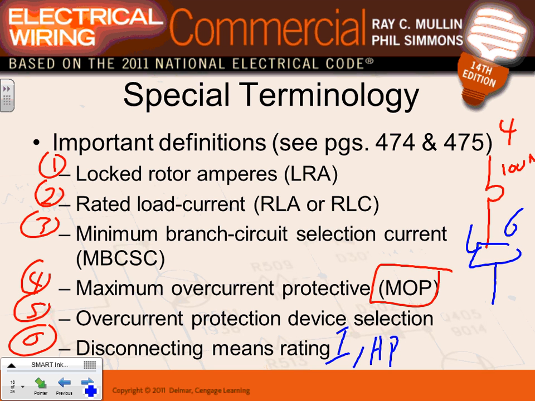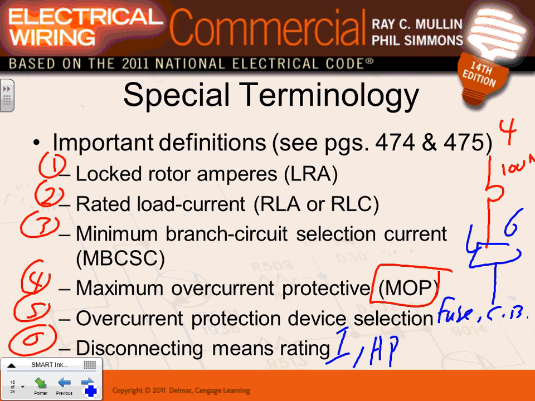Your disconnect has to be able to disconnect the amps and the energy coming out of this air conditioning. So we have the maximum overcurrent protection device selection. Is it a fuse or a circuit breaker? Disconnect means, we talked about disconnect means.